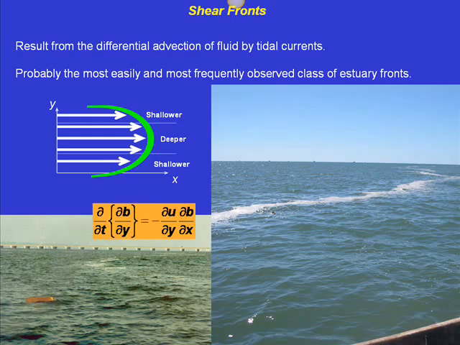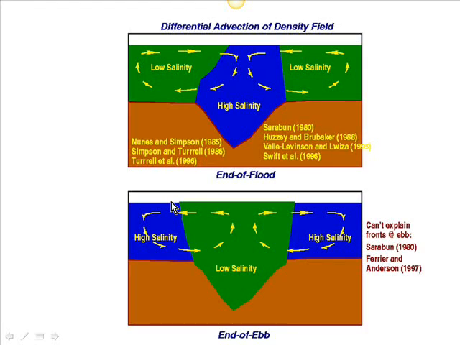And we mentioned that they arise from this lateral shear interacting with the longitudinal density gradient, and that there is a reasonable explanation for how these fronts are formed during the flood stages of the tidal cycle.